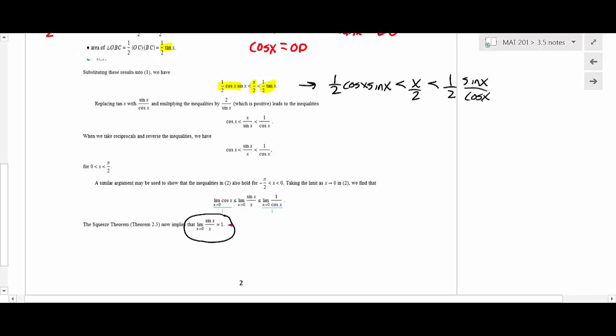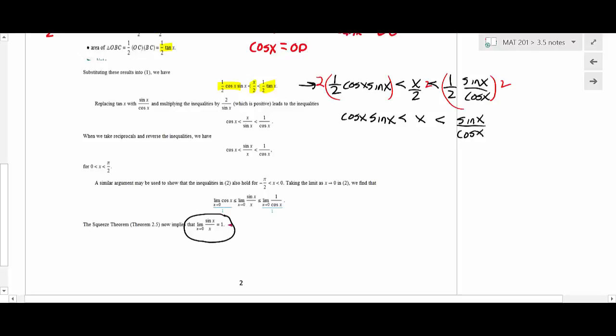What I did is I multiplied everything by 2, which gets rid of all the 2's. So then I would have cosine x sine x less than x, and then less than sine x over cosine x.